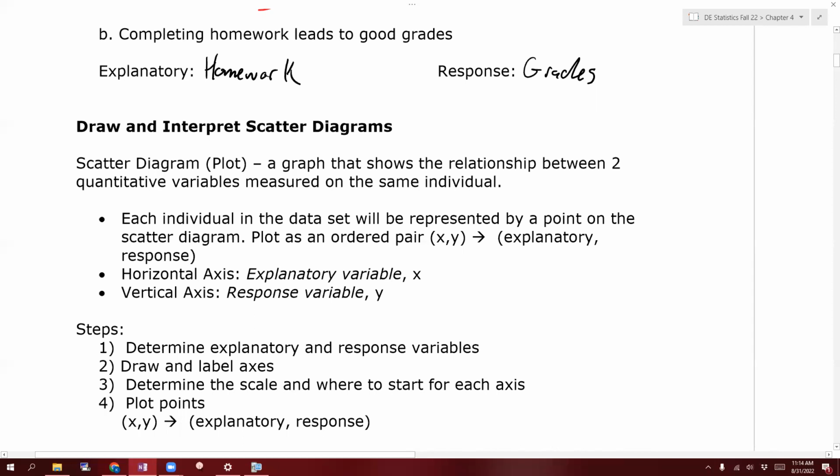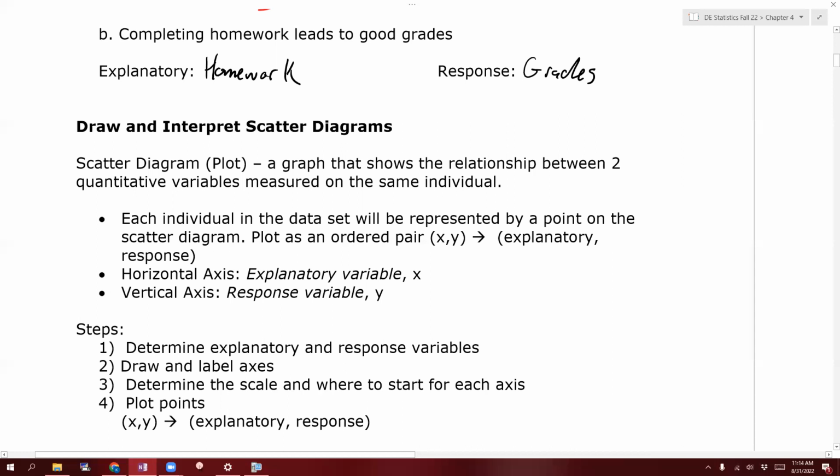So you could do something like age and height. You could do height and weight. You could do age and how fast you've driven, things like that. But you're comparing two of them, and you're going to have to choose one of your variables to be the explanatory variable. And then the other one would be the response variable.